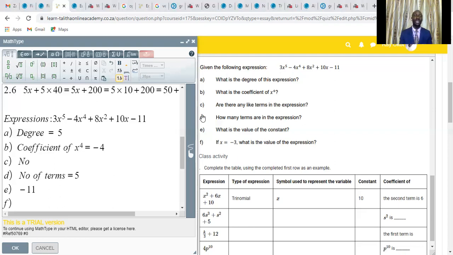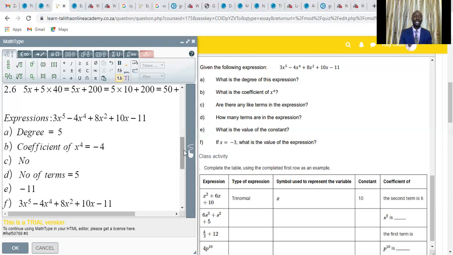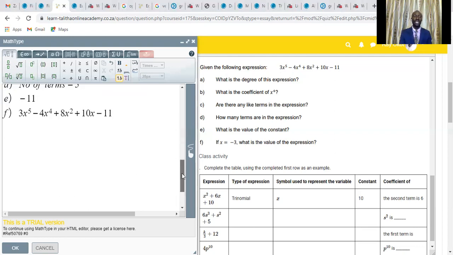So in this expression, which we already have here, we take it and begin to use it.